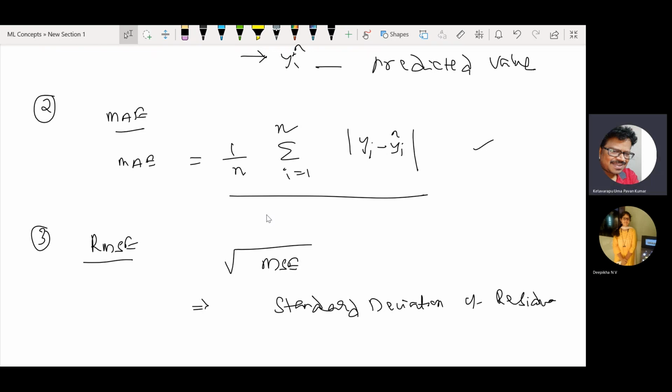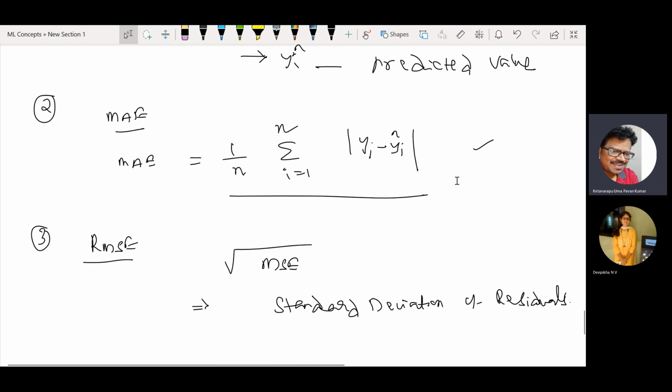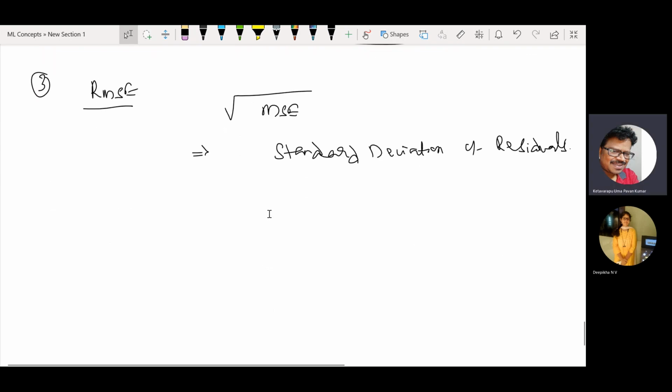Now, how they ask the question is, guys, if you want to use the modulus and give the absolute values, MAE can be used. Whereas if you want to embed your standard deviation, then root mean square error. That's the reason why we are talking about these things.